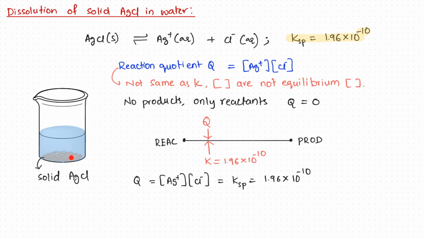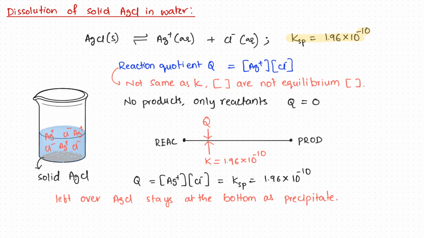Therefore, the AgCl precipitate slowly dissolves to produce Ag plus and Cl minus ions until the product of the concentrations of Ag plus and Cl minus is equal to 1.96 times 10 to the negative 10.